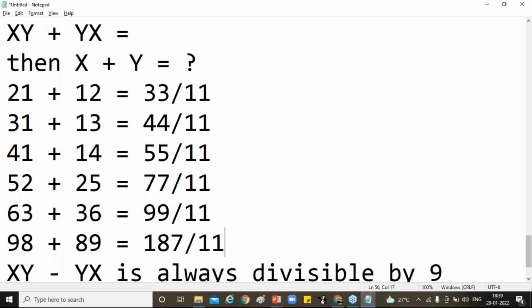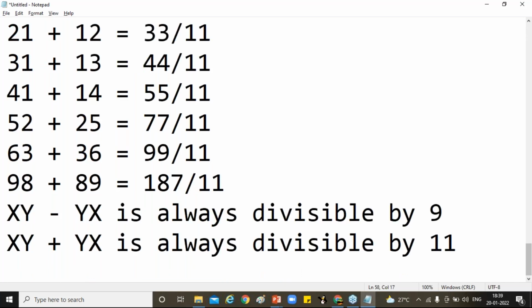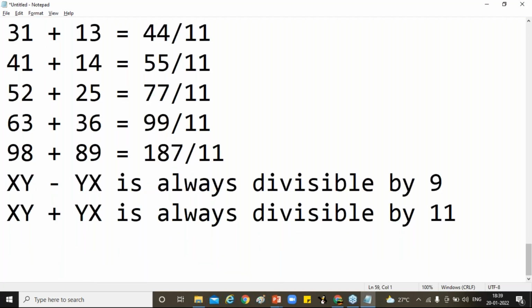Xy minus yx is always divisible by 9. Xy plus yx is always divisible by 11. Clear?